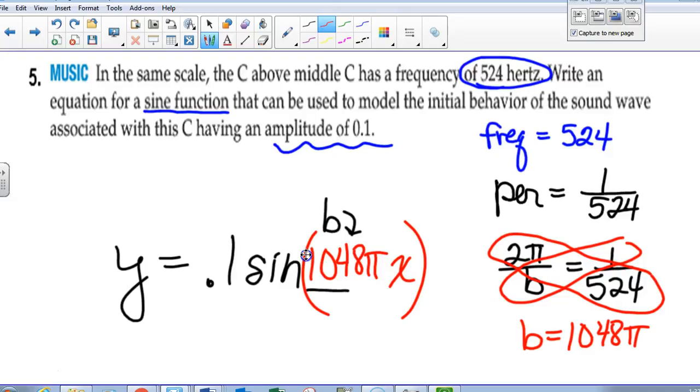The frequency is the reciprocal of the period. So if you flip that frequency over, so 1 over 524 for that example, was the period, which is 2 pi over b, so then you got to find b and put it in the equation, okay?